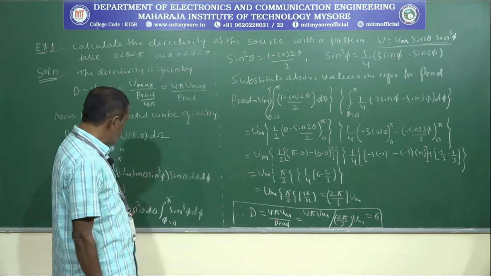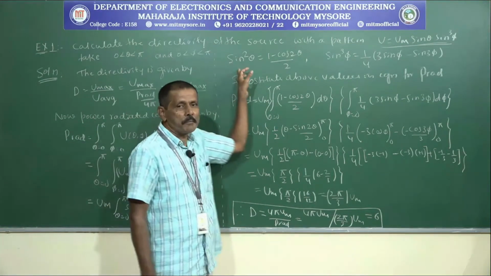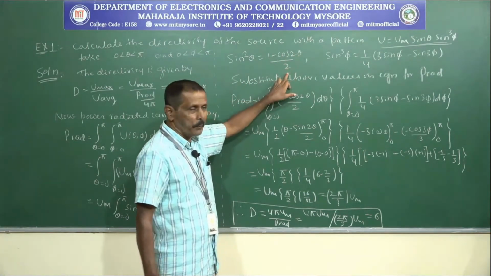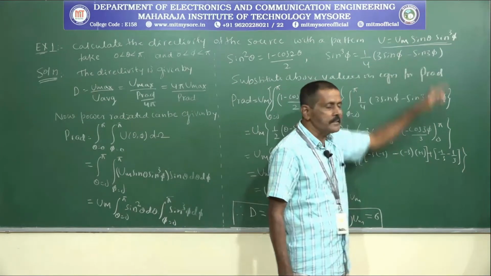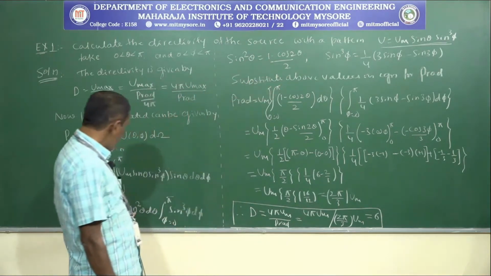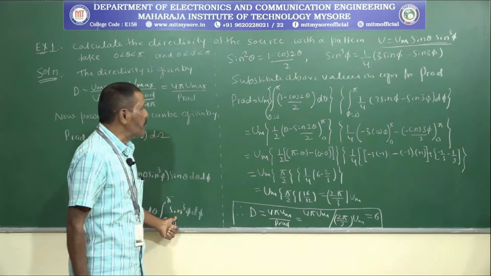Now here you have sin square theta and here you have sin cube phi, and we know from trigonometry that sin square theta is equal to (1 minus cos 2 theta) by 2, and sin cube phi is equal to 1 by 4 into (3 sin phi minus sin 3 phi). Substitute this value for this term and this value for that term.